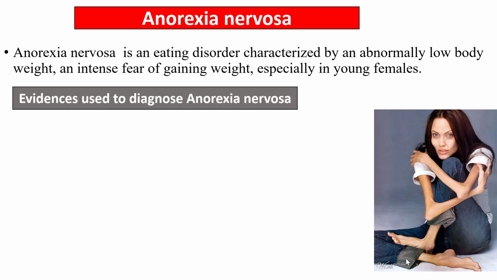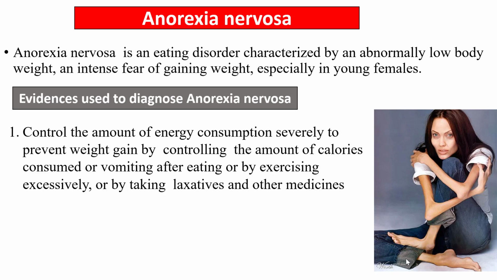What is the evidence used to diagnose anorexia nervosa? When can we say that this person has anorexia nervosa? First, severely controlling energy consumption to prevent weight gain, by controlling the amount of calories consumed, or vomiting after eating, or exercising excessively, or taking laxatives and other medicines.